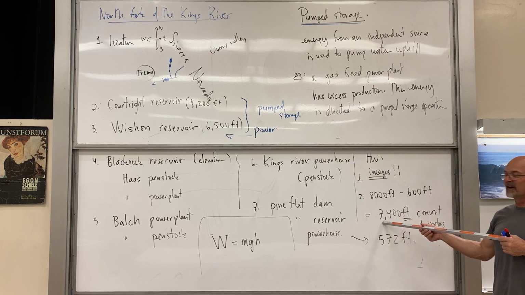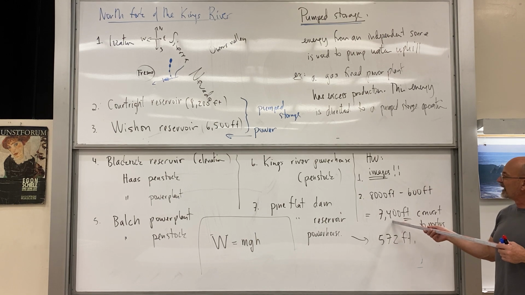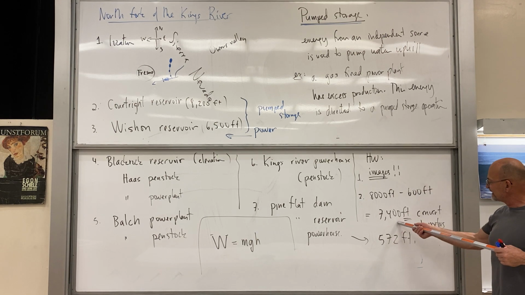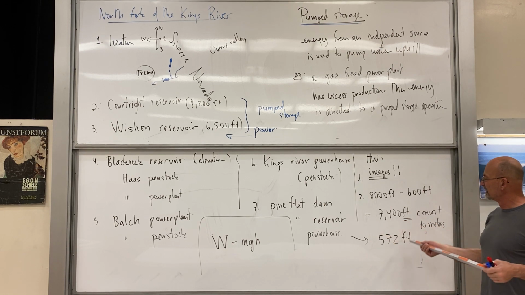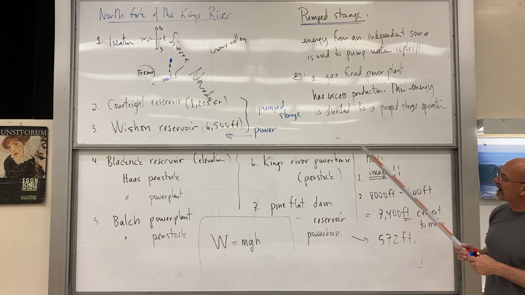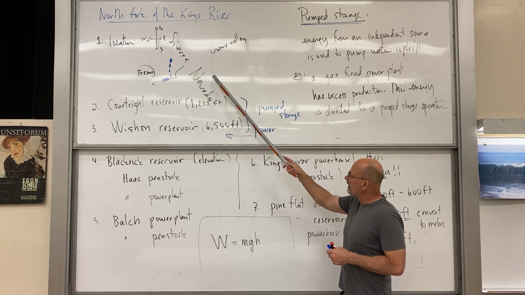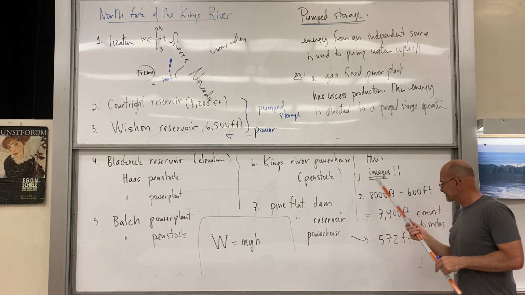Well, we can see already it's over 2,000 meters, okay? So it has an enormous amount of potential energy. This is a height that's about 10 times the height or more of Hoover Dam, which is a pretty tall dam. So having the reservoirs in the mountains and making use of all that elevation difference is a really powerful thing.